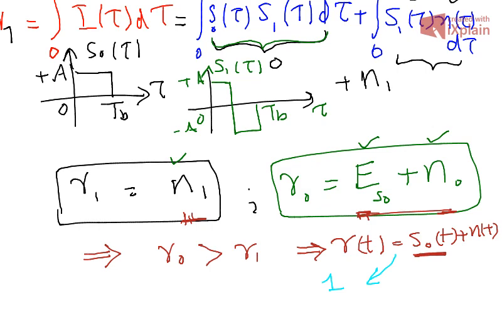Now in the absence of noise, we can draw the output of the correlator. So let's try to draw the output of the correlator in the absence of noise, with the same assumption.